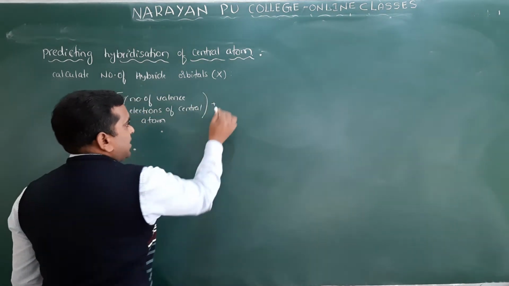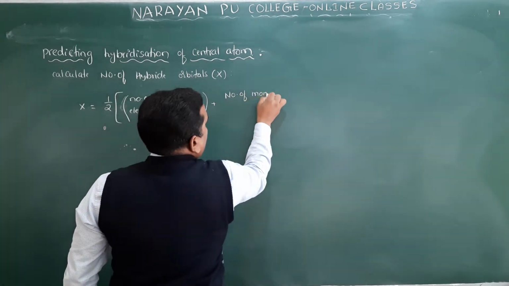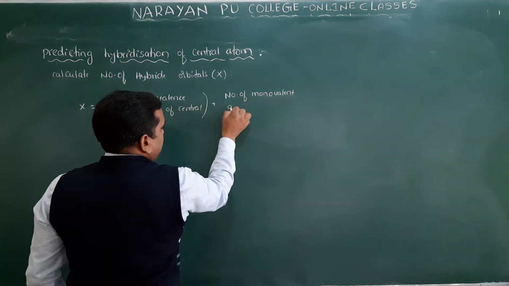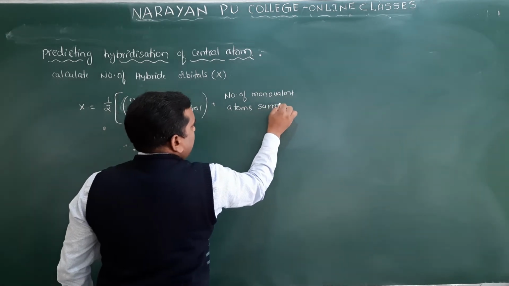Plus the number of monovalent atoms surrounding the central atom.